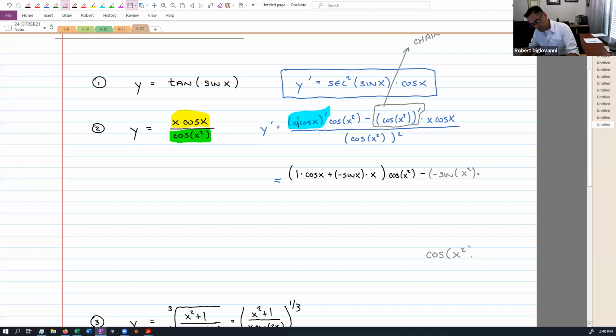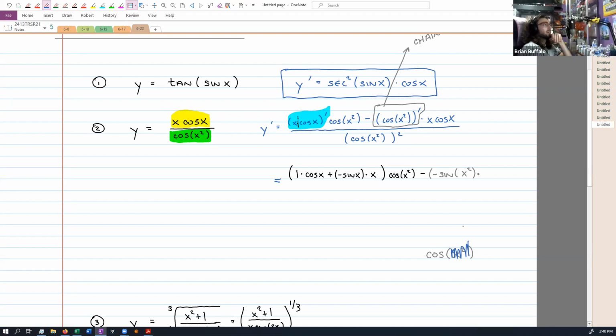We're trying to take derivative of cosine of x squared, right? So you have cosine of a blue blob, right? So then for that you would do the derivative of x squared, which would be just 2x. 2x. Okay, good.